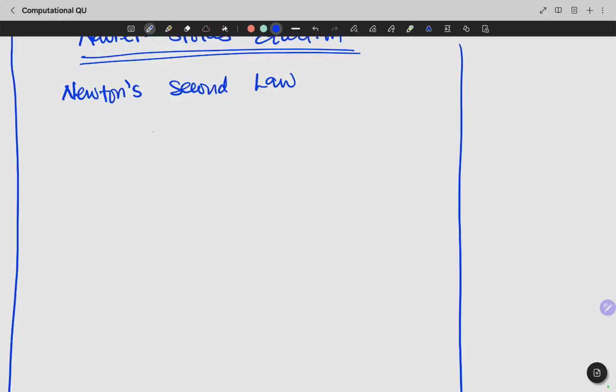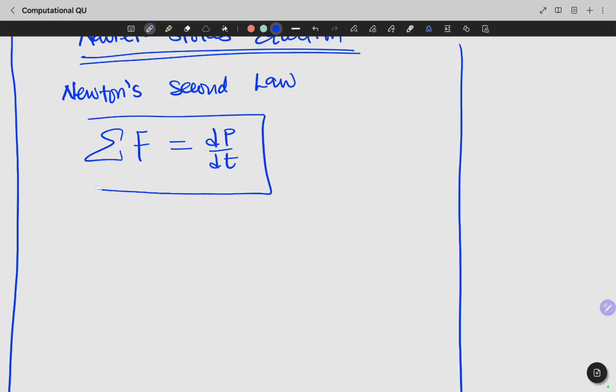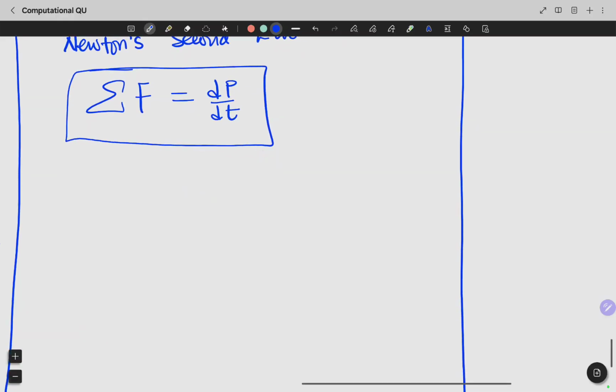It says that the sum of forces acting on the fluid are the reason why the momentum of the fluid will change over time. This is very crucial, right? So any change in momentum of the fluid is a consequence of the sum of forces acting on the fluid.